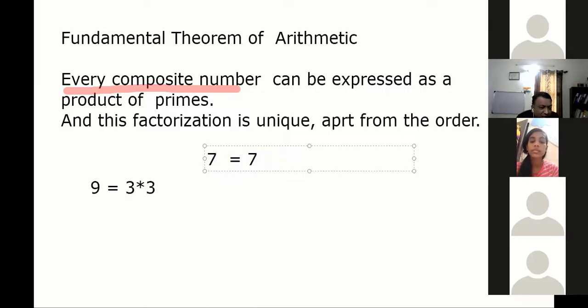It cannot be a product of 2 primes, because the moment a prime number is a product of 2 primes, it defeats the definition, as it has only one factor apart from 1. So it will not hold.